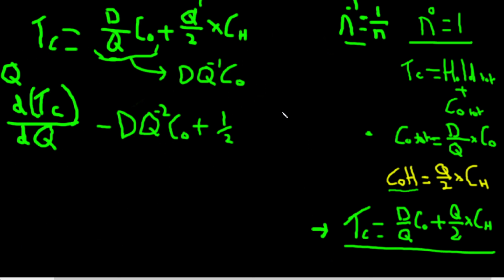So the power was 1 originally, so we reduce it to q to the 0, and we know that q to the 0 is 1. So half times 1 times cost of holding. Okay. And that is our differentiated formula of this total cost.